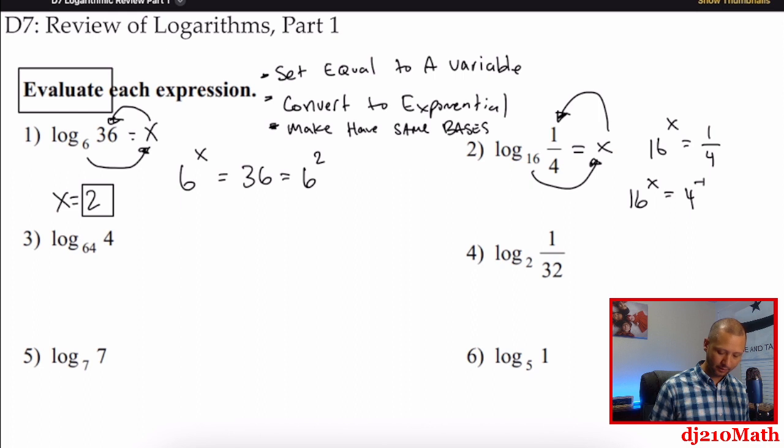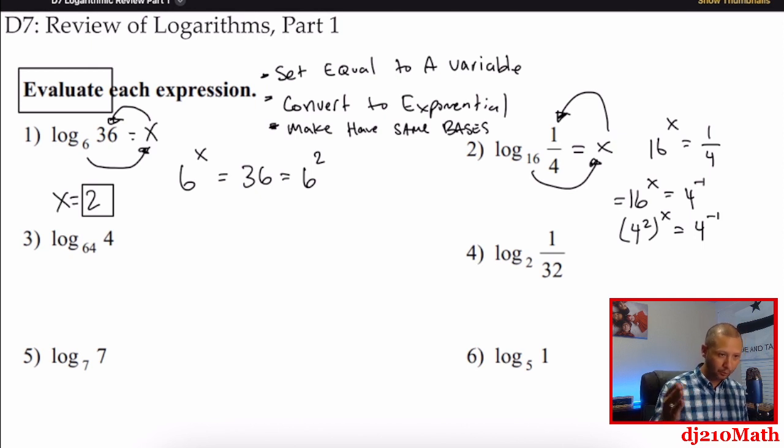And then make them have the same base. So 16 is really 4 squared, so 4 squared to the x power. That looks kind of confusing. What I'm doing is rewriting 16 as 4 squared, but that is still to the x power. And on the right-hand side, 4 to the negative 1.